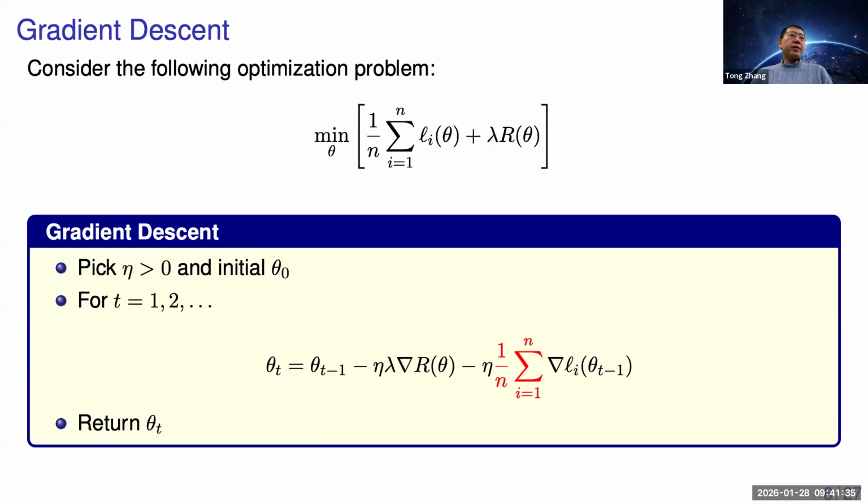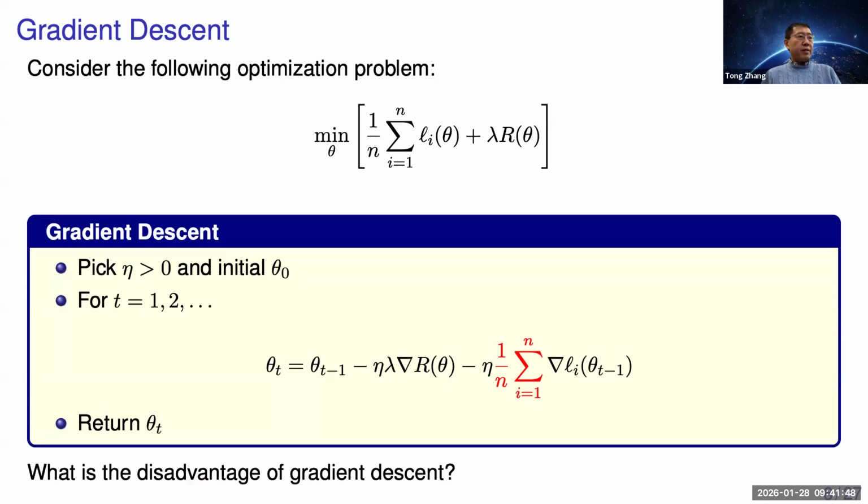The stochastic gradient method naturally says that instead of summing over all the data, I pick either one data point or a small batch. But we will first talk about the classical stochastic gradient, not the mini batch version. Then we'll come back to the mini batch, right?